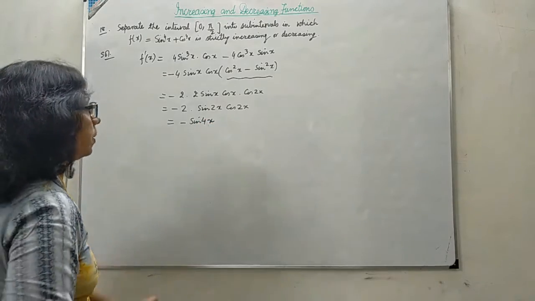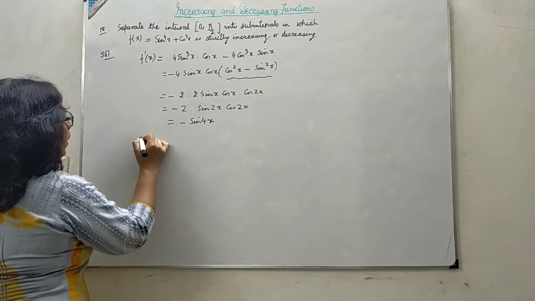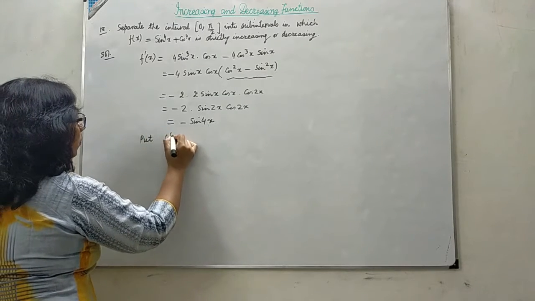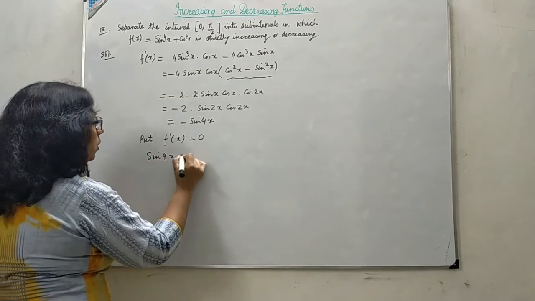Now this question becomes simple as we have proceeded in the previous question. We put f'(x) equal to 0, so we will have sin 4x is 0.